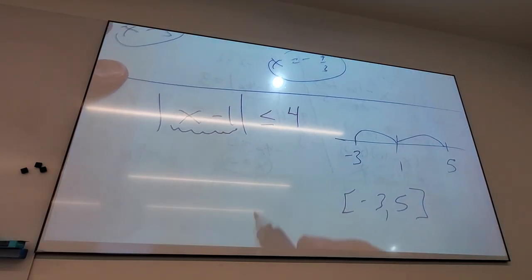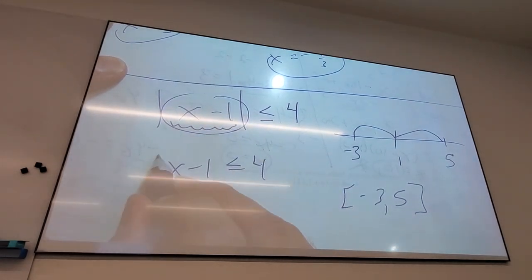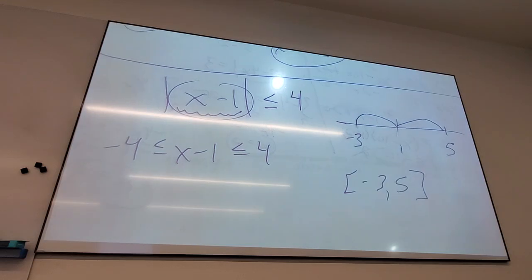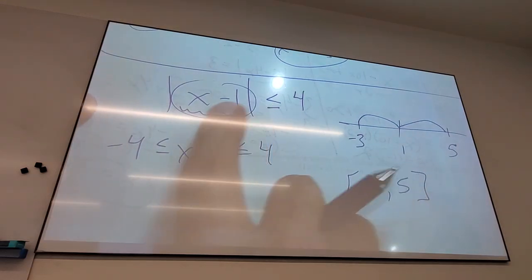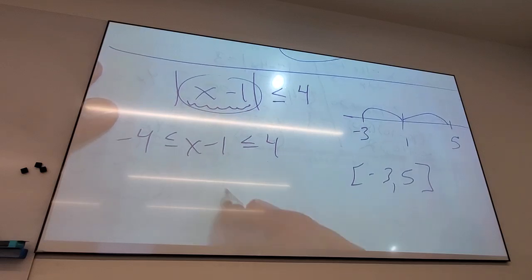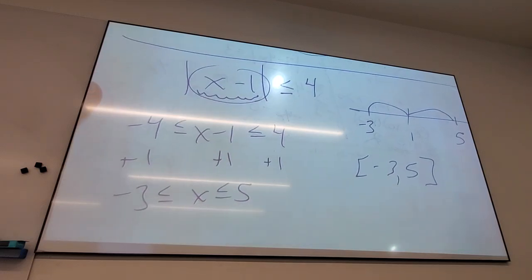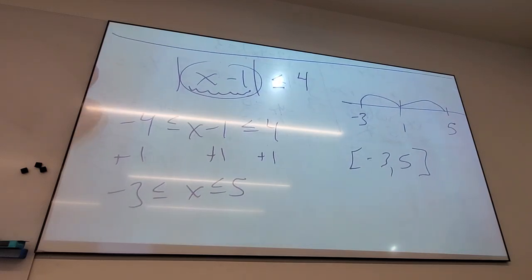So this number can be at most 4 or at least negative 4. I can immediately rewrite this as this. Do you see how I still have 2 cases? Absolute value will always have 2 cases. And how do I solve this? Add 1 to all sides. Do we get the same answer we got earlier? Thank you, gods. Yes, we do.